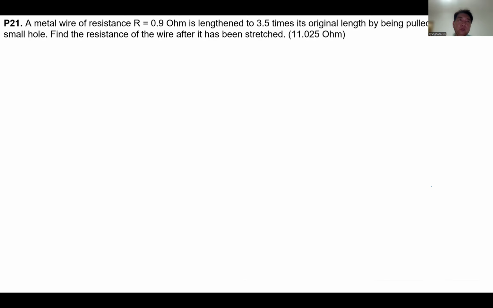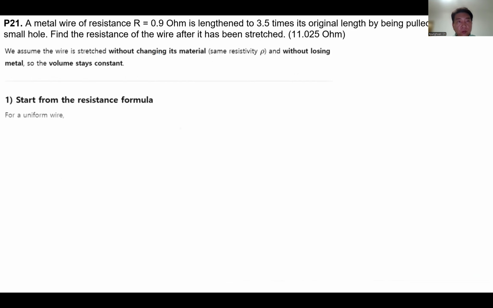So now the next problem. A metal wire of resistance R is lengthened to 3.5 times its original length by being pulled through a small hole. So basically we have a small hole.